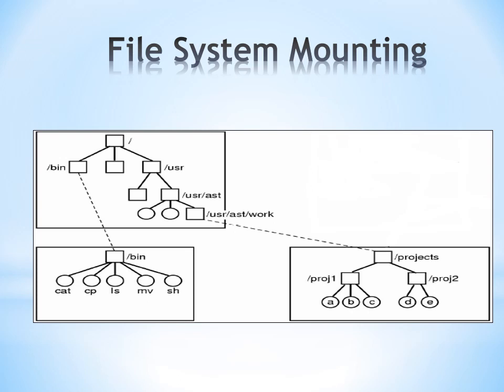For example, USR, artworks, and a mount point to the projects. Therefore the USR file name will be able to access the project directories and also the subdirectories and the files in the particular directory of the project, as long as the file system is mounted.